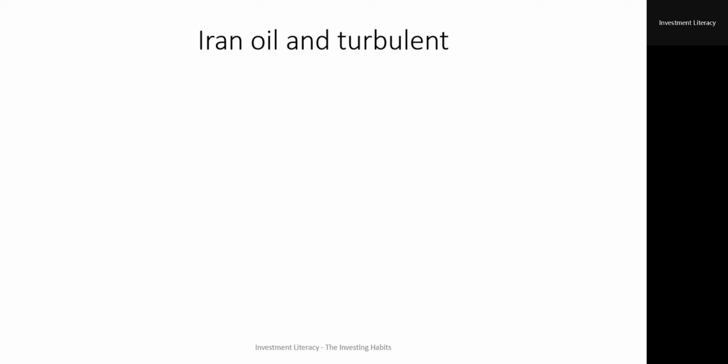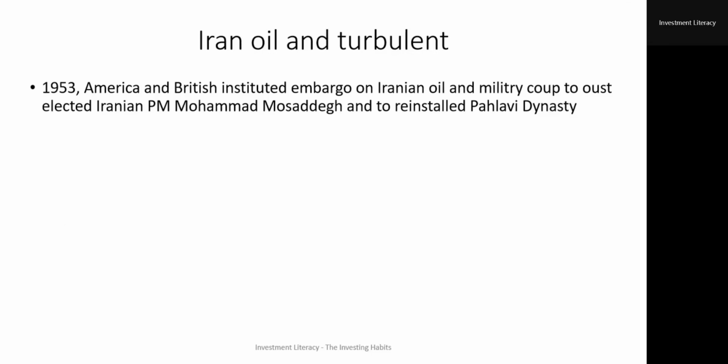And of course, the US has other strategies and methods in managing the oil markets as well, and Iran is one example. In 1953, America and Britain instituted an embargo on Iranian oil and a military coup ousted elected Iranian Prime Minister Mohammad Mossadegh.